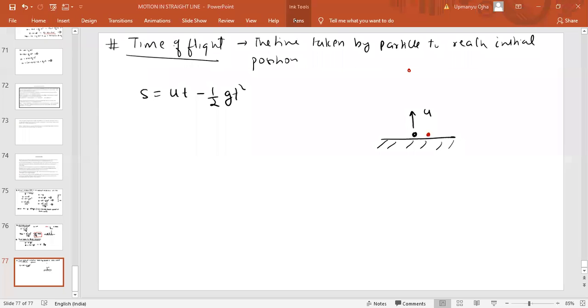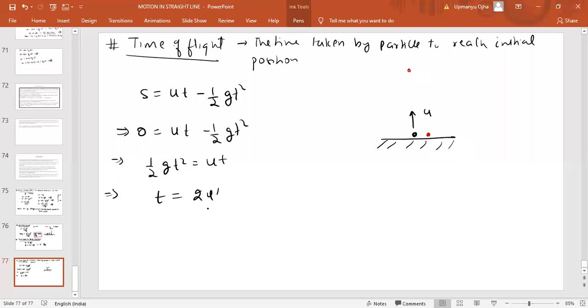The displacement would be zero. So if displacement is zero, with initial velocity upward, 0 equals ut minus half gt square. So can I write here half gt square equal to ut. T gets cancelled out. So total time of flight will be 2u by g. Okay. So time of flight would be 2u by g.